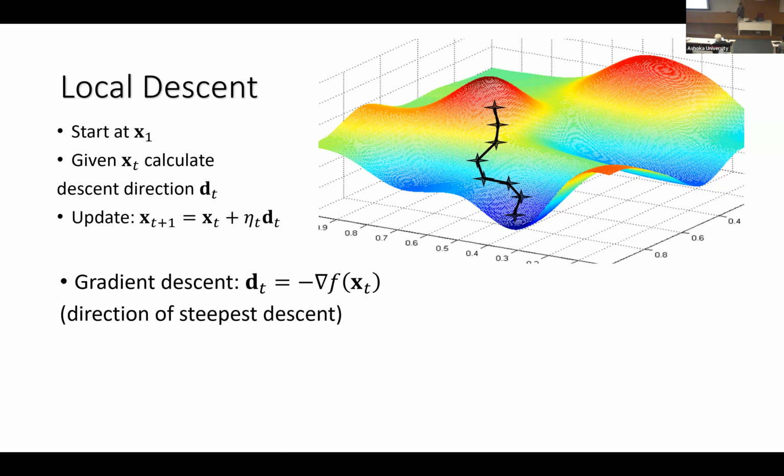It is just the direction along which the function is decreasing fastest at that point. It could decrease fastest along another direction at a different point. We may or may not choose eta t to be fixed. Sometimes we choose it to be fixed, sometimes not.